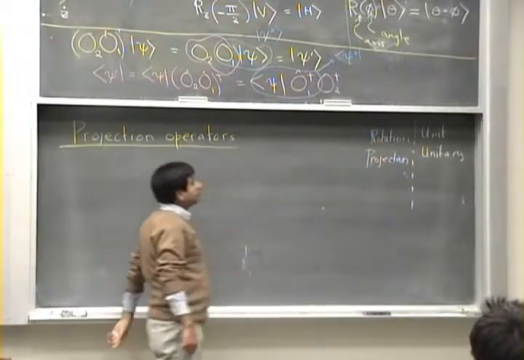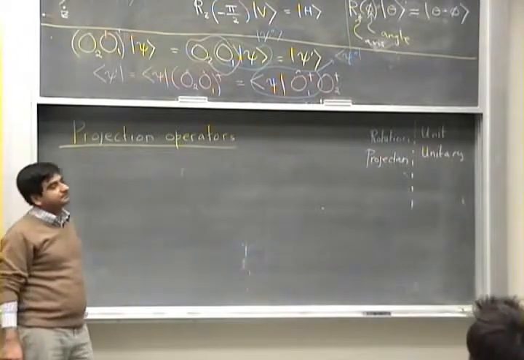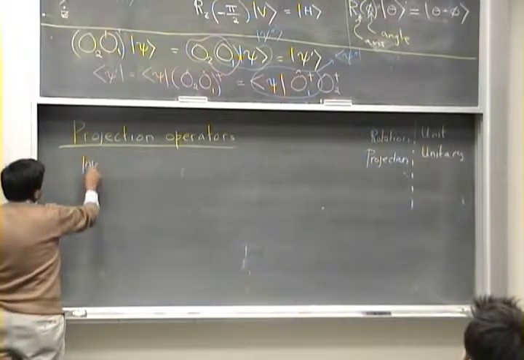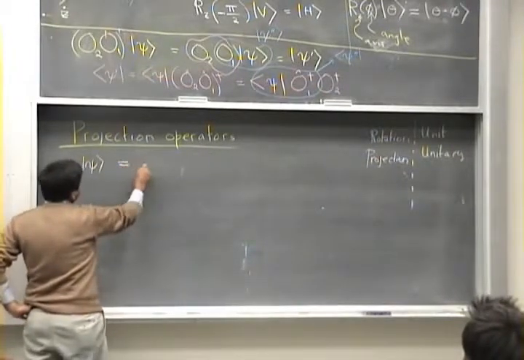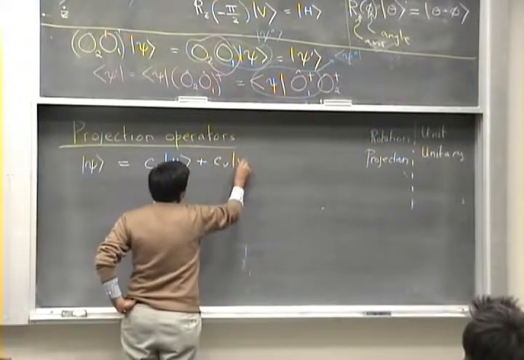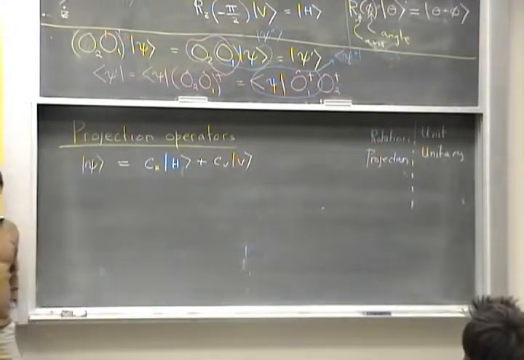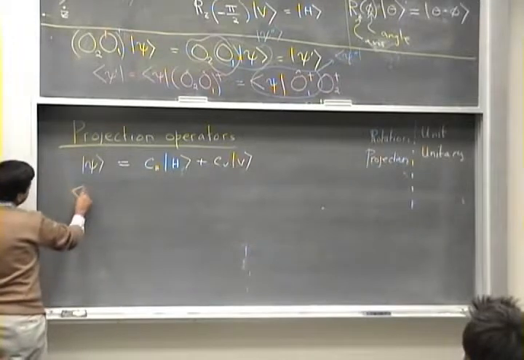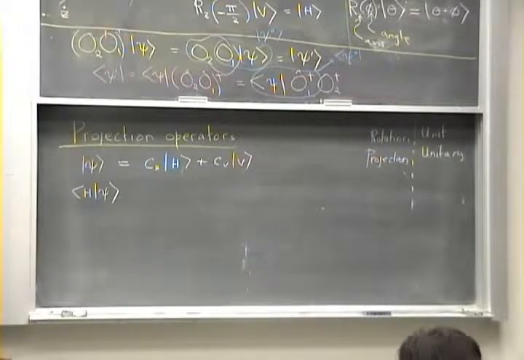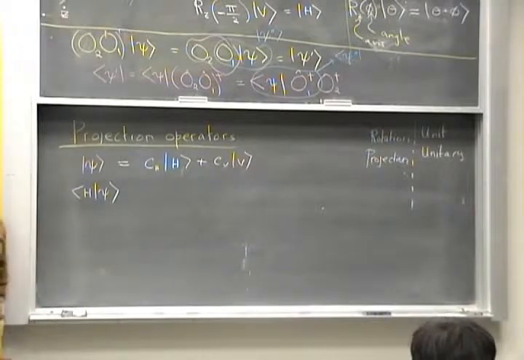Now we're going to look at the projection operator. What does the projection operator mean? Suppose I have a quantum state psi which is written in a basis as C_H ket H plus C_V ket V. Now if I take the inner product of psi with H, what do I get?